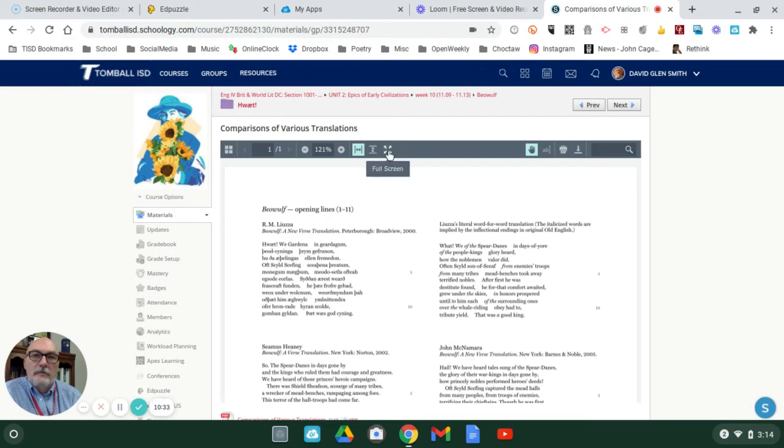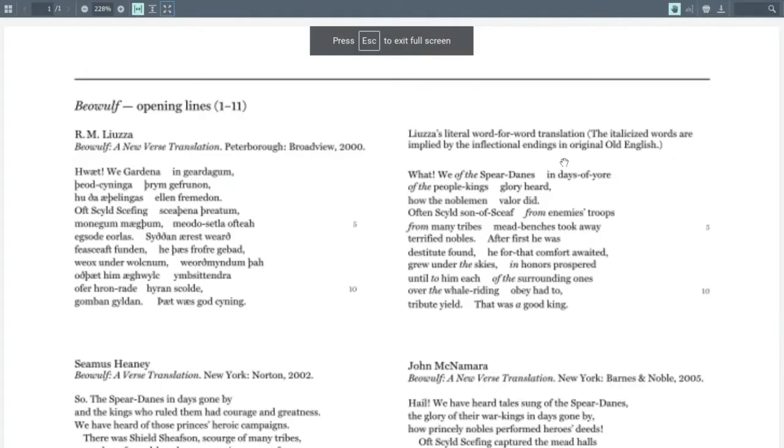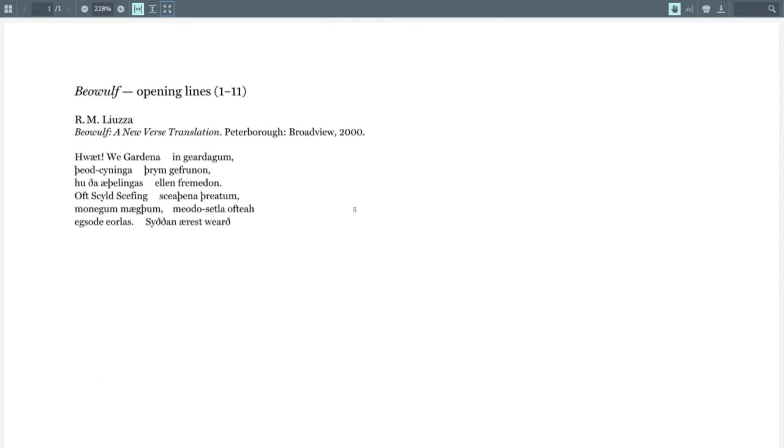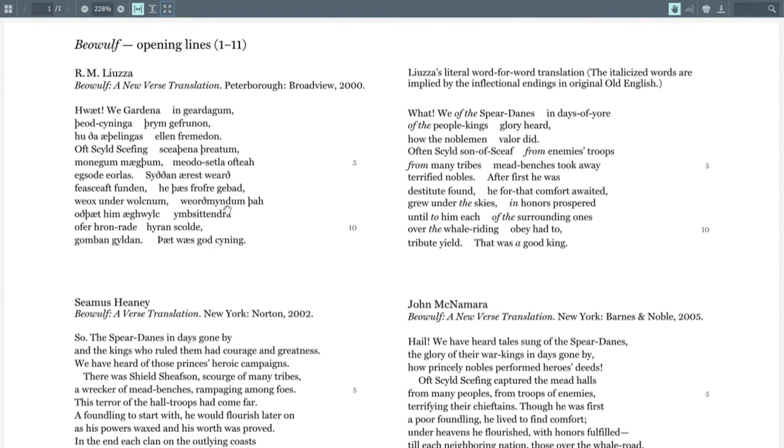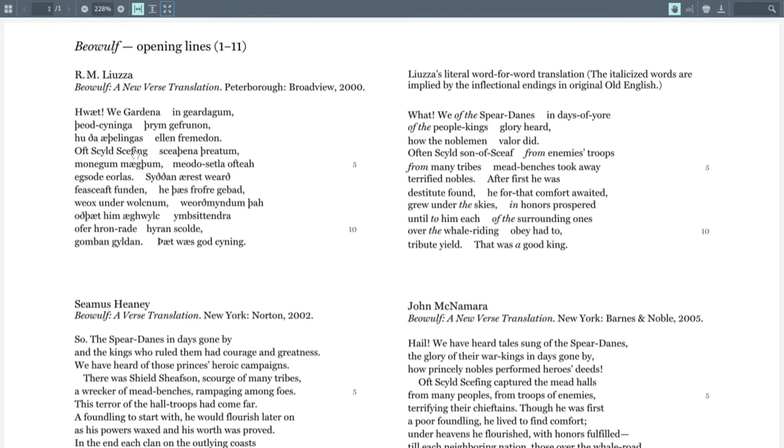I'll make this large. So what we have here are the first 11 lines. On the far left, this is how it appears in Old English. If you remember from yesterday, I talked about caesuras. This is another example of a caesura, this spacing in the middle of the lines.